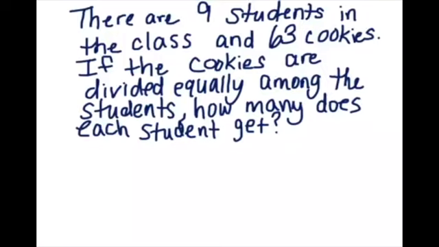If the cookies are divided equally among the students, how many does each student get? All right, I want you to pause it and think about, will you be multiplying or will you be dividing? And then I want to know what your multiplication sentence or your division sentence is with the answer.